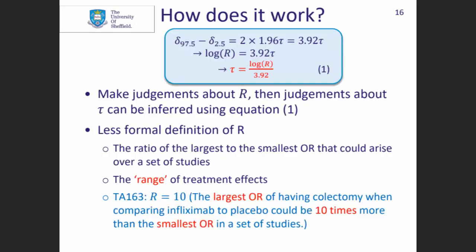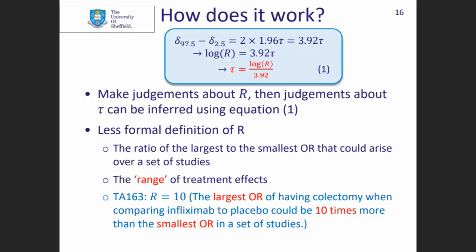So let me give you an example. In our TA, if our expert believes that the ratio R is equal to 10, that means they believe the largest odds ratio of having colectomy when comparing infliximab to placebo would be 10 times more than the smallest odds ratio in a set of studies.